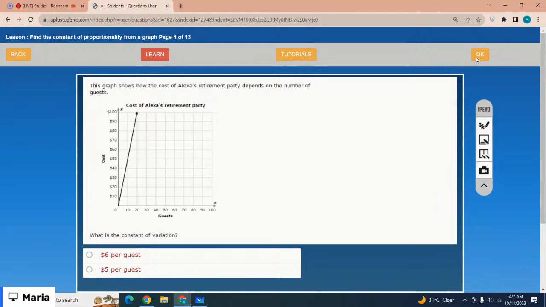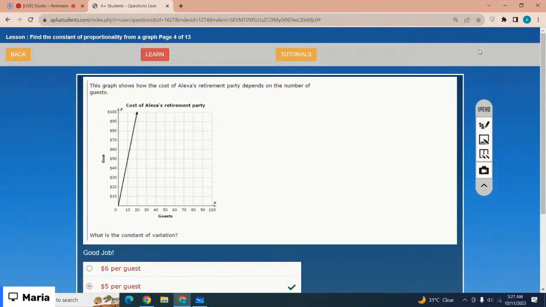The correct option is $5 per guest. Very good.